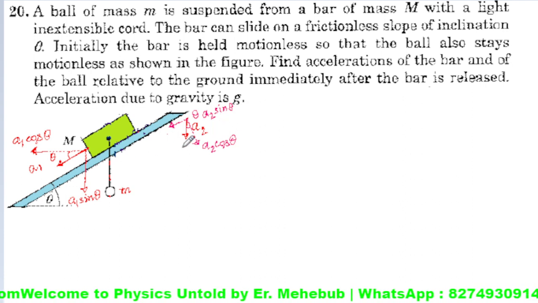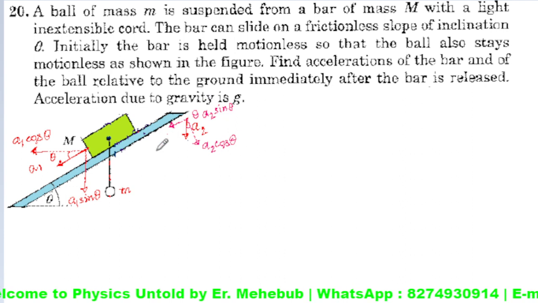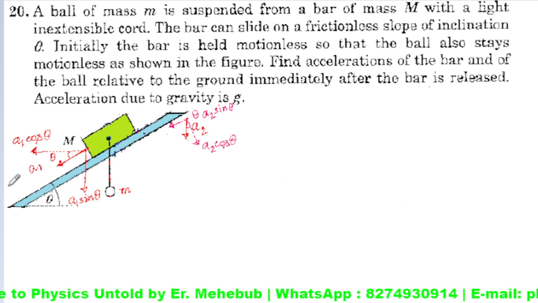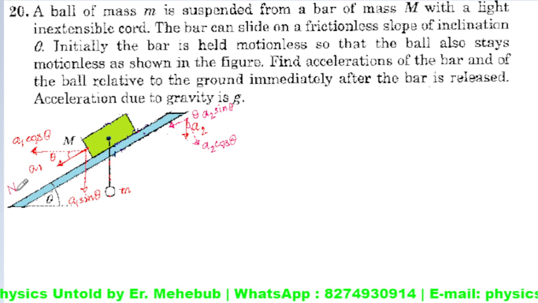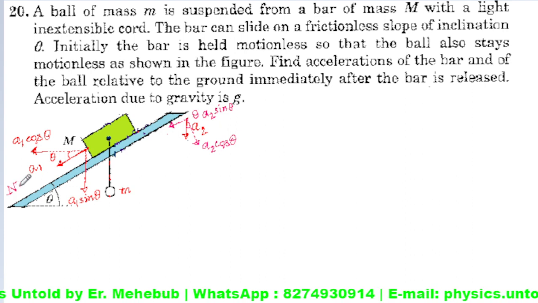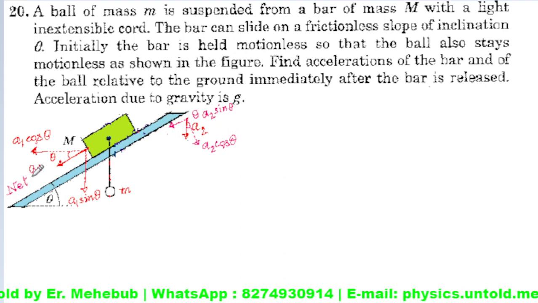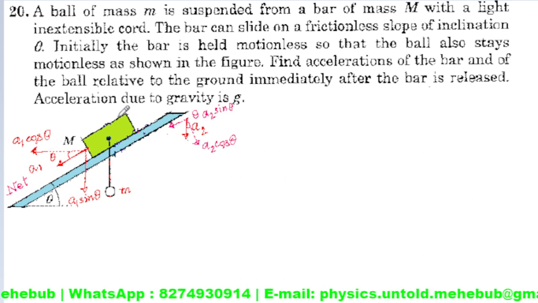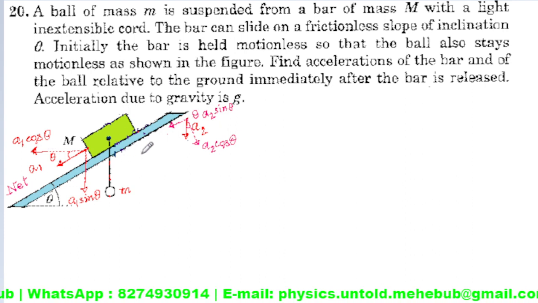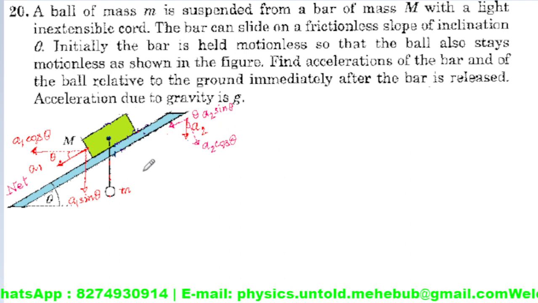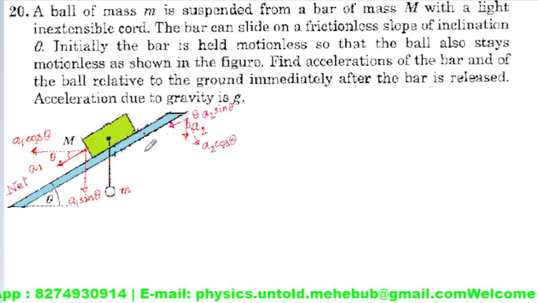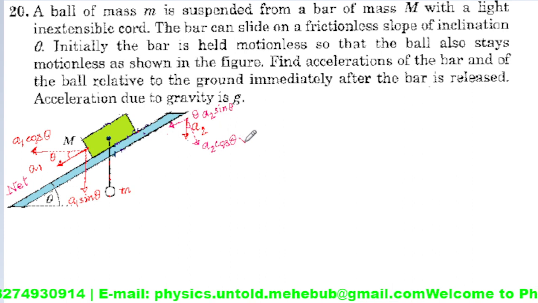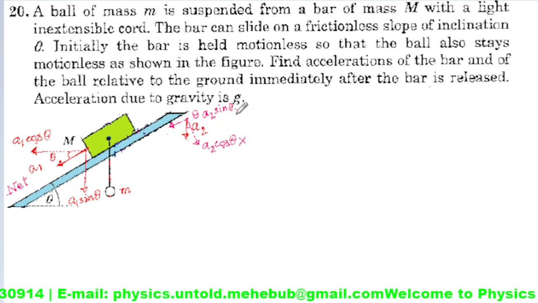But this is not possible. The second case is not possible, because the net acceleration is along the inclined plane, so there must not be any component of acceleration along the perpendicular direction of the inclined plane. So these components are not true options.